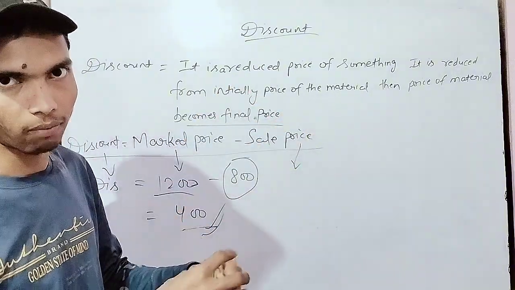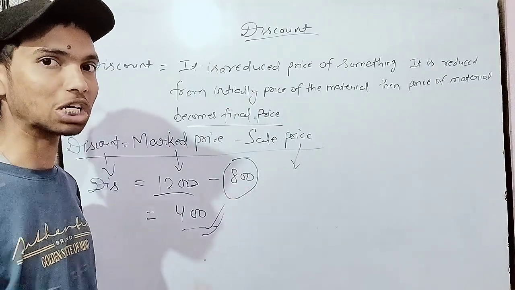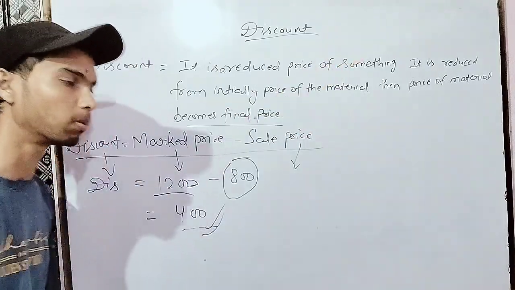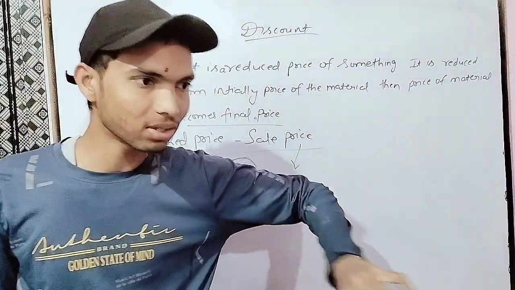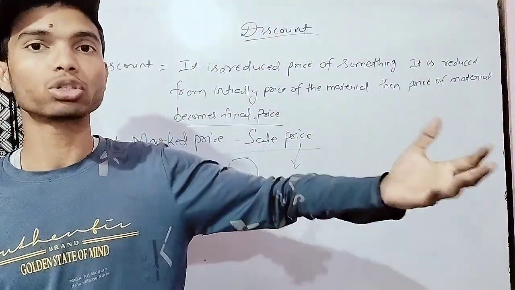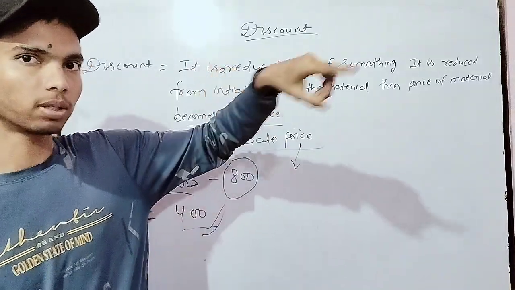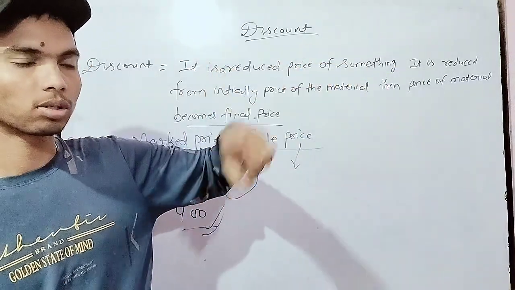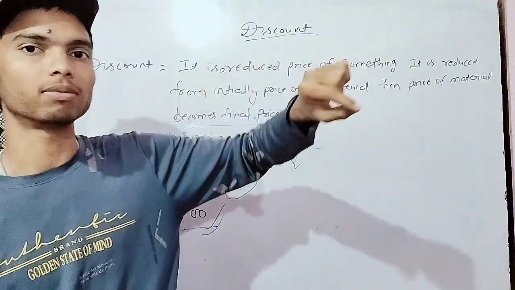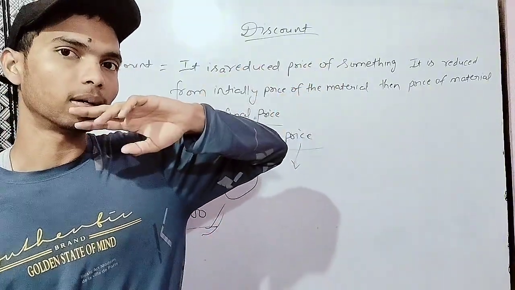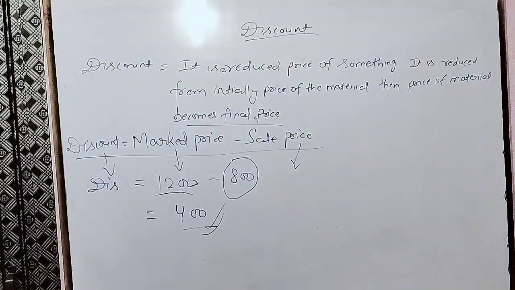Then we have the discount which was reduced by the shopkeeper. So discount is nothing but a reduction from the market price, and then it finally becomes the sale price.